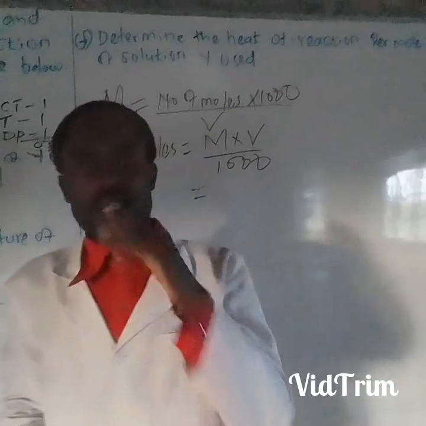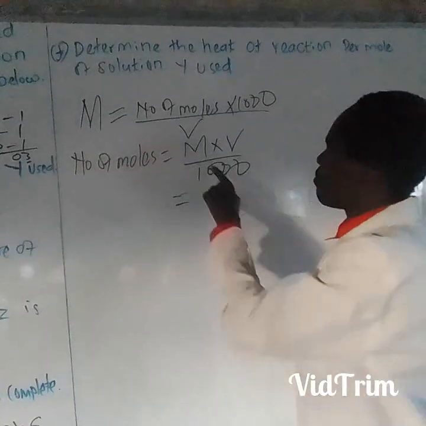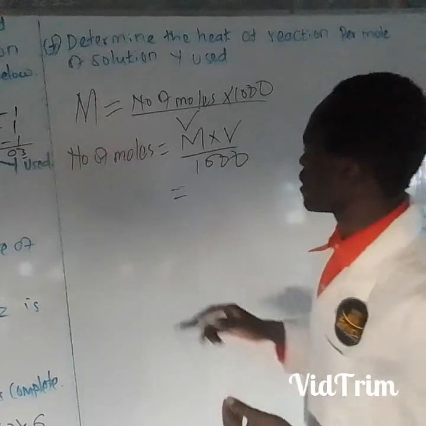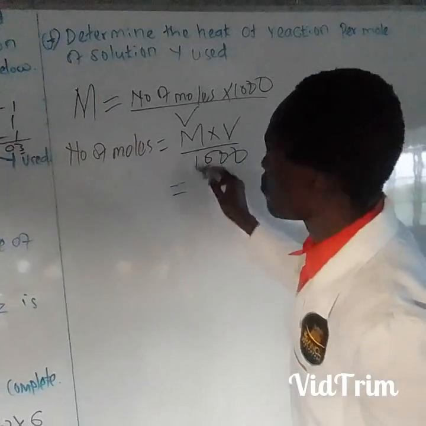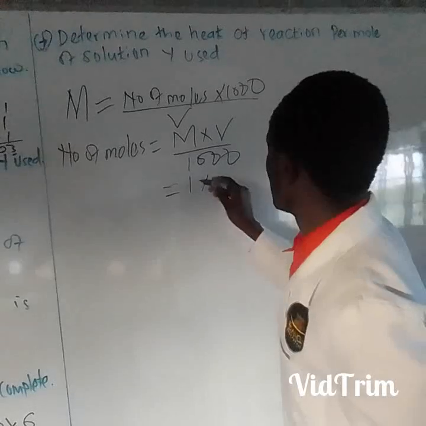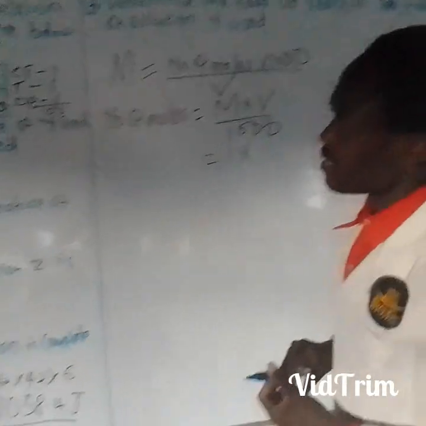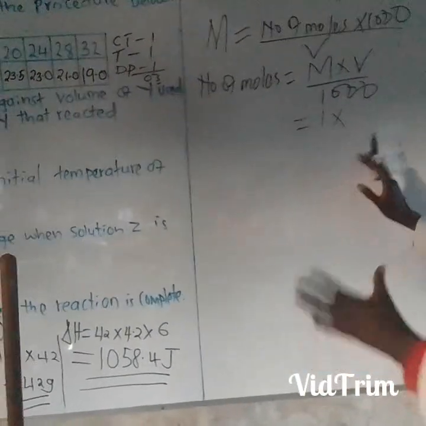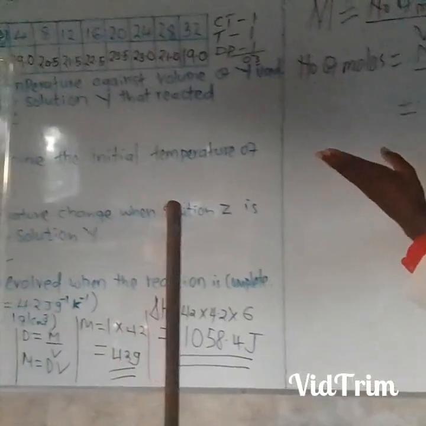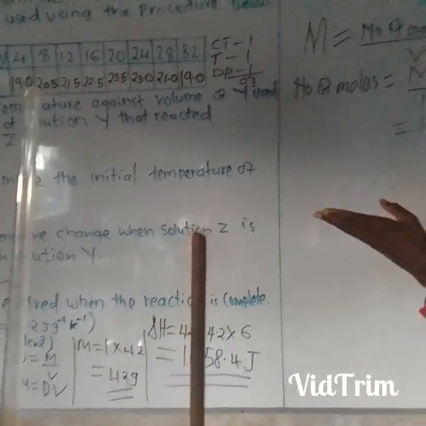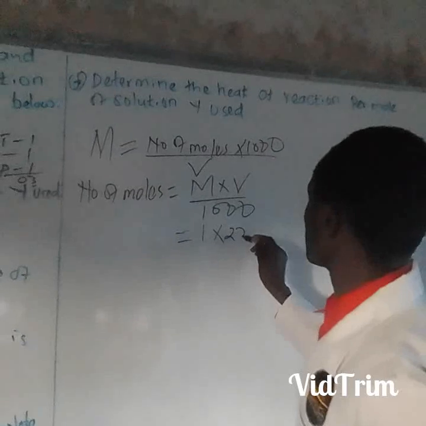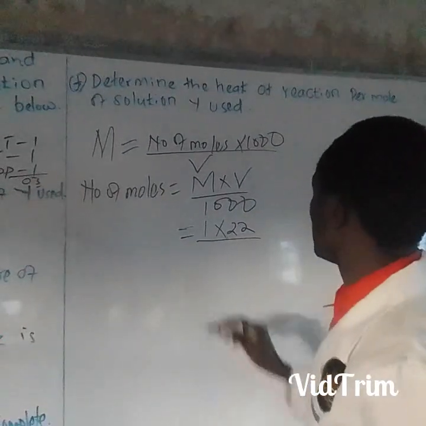Do we know the molarity of solution Y? Yes. Molarity of solution Y is 1 mole. The volume of solution Y we calculated, in this case it was 22 centimeter cube. So it is 22. Then we divide by 1000.